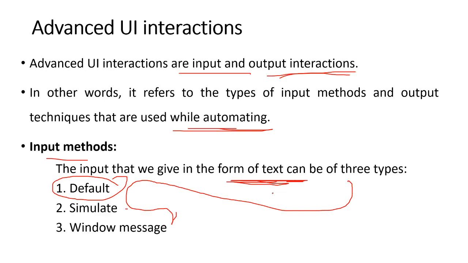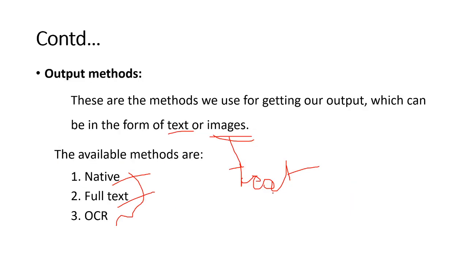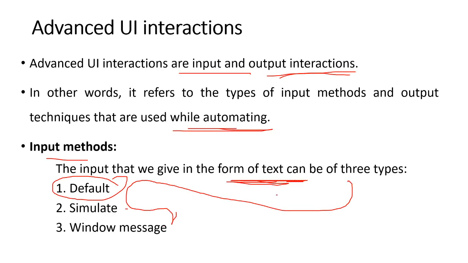The bottom line is you can provide the input in the form of a text, and you can get the output either in the form of a text or images. And text can be provided as an input in 3 ways. One is the default text you can provide, or you can simulate it, or through the window message you can provide the input to your task.